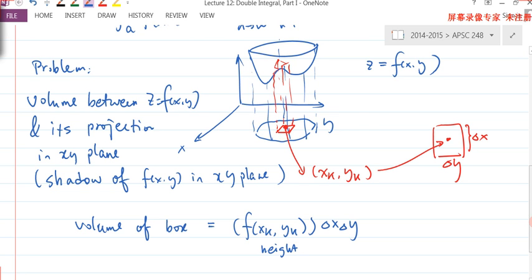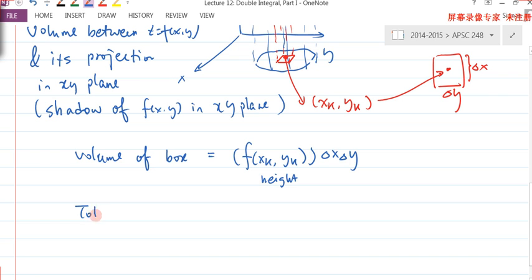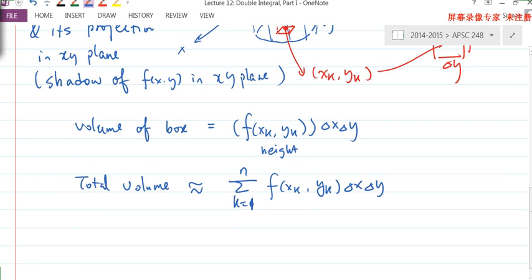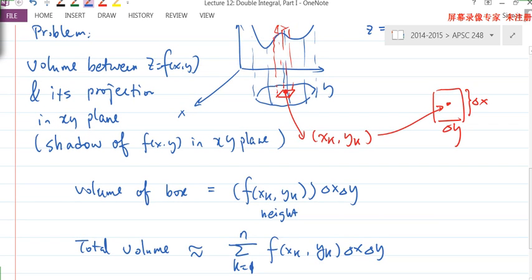So basically, the total volume is approximately the summation of, let's say you have n number of boxes, and each one of the boxes can be expressed using this expression here. So you sum them all up, and you get an approximated volume between this top surface and the bottom shadow.